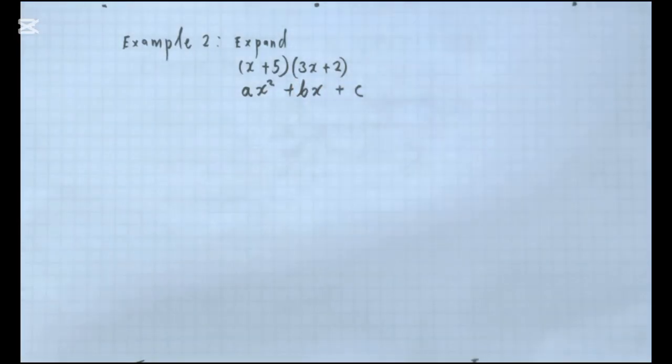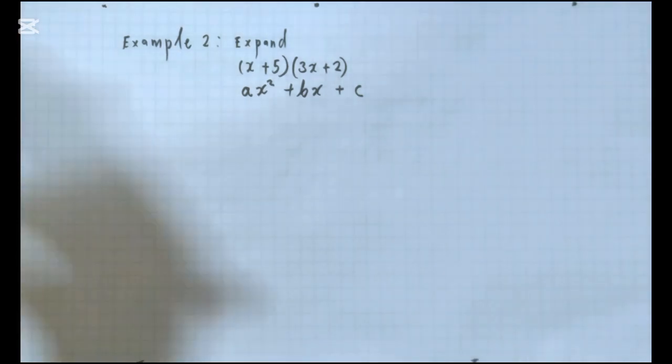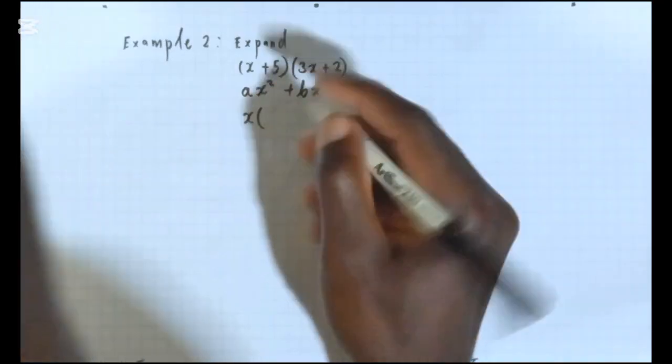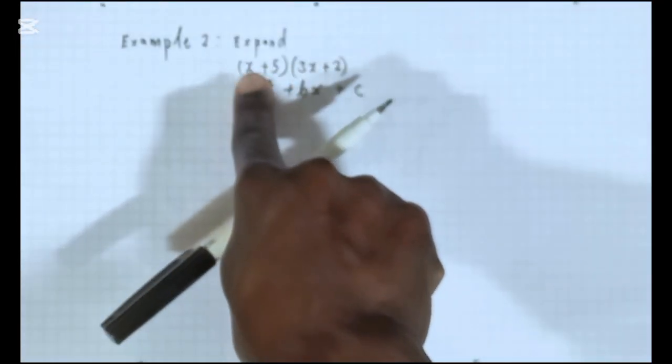Remember the golden rule here: you break one, you maintain one. We're going to break the term on the left and maintain the one on the right. It's always easier approaching it that way.